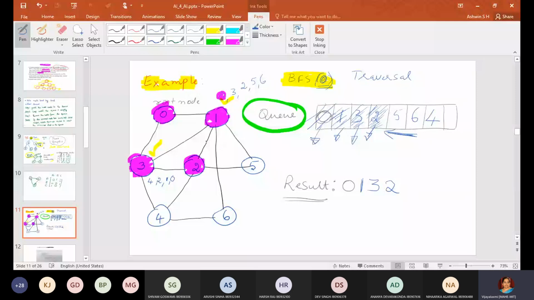Now 2 is removed. What I have to do is find out the unvisited child nodes. What are the child nodes of 2? I have 3, 4, 6. Sorry, 6 is not there.